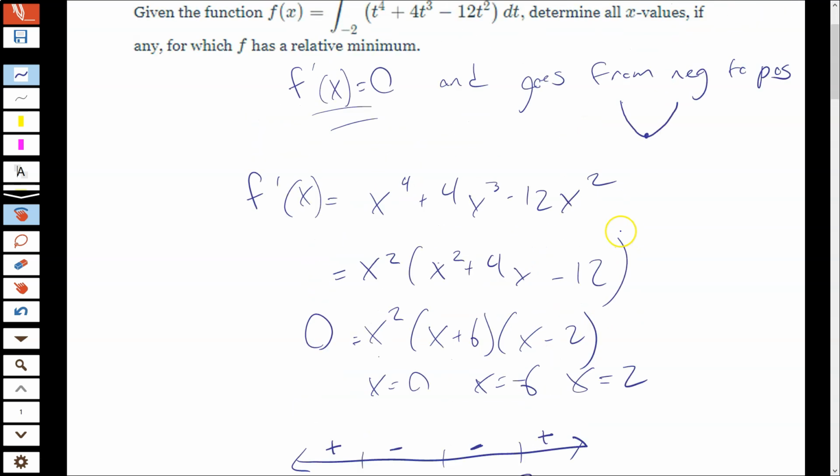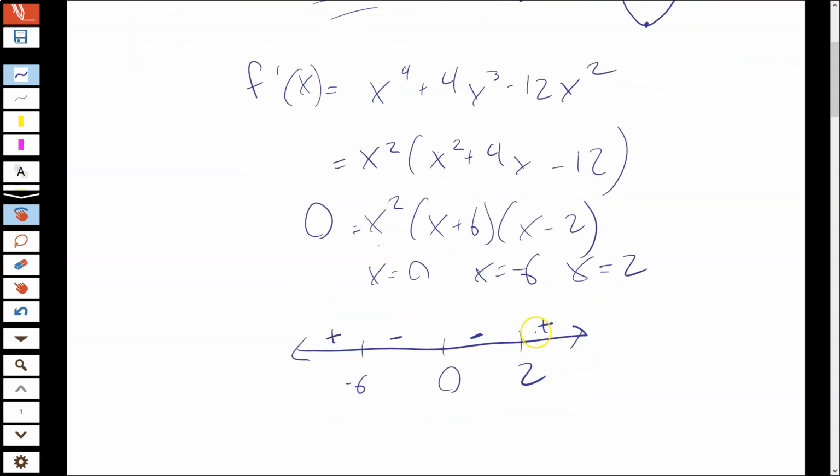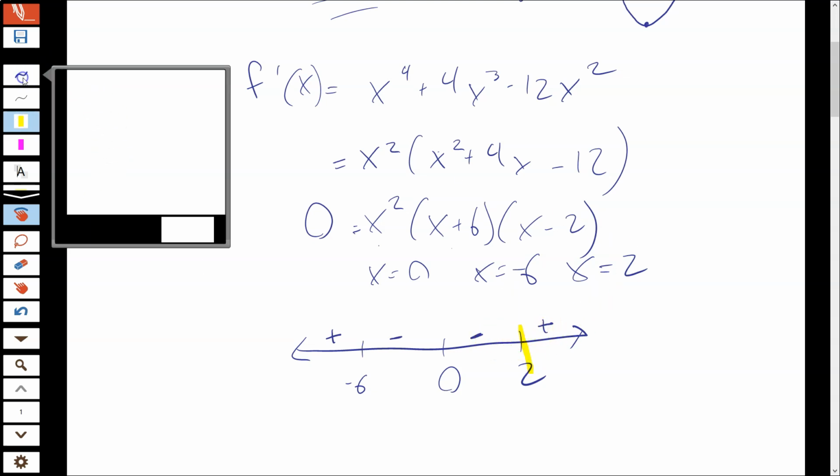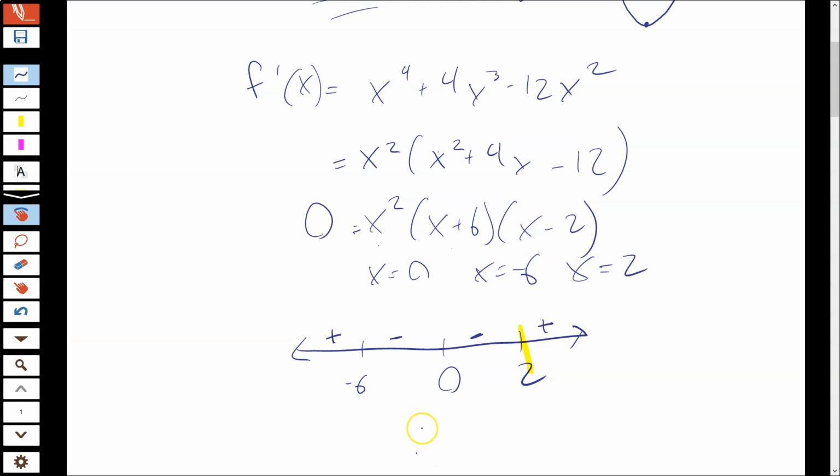Okay, so now, again, I'm looking for a point where my derivative goes from negative to positive. Only one point here, right? That's this point, right? Because we're negative to the left, positive to the right. So I'd say that my function f of x has a relative minimum at x equals 2.